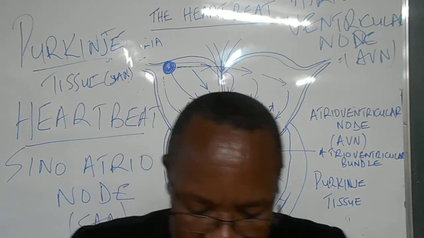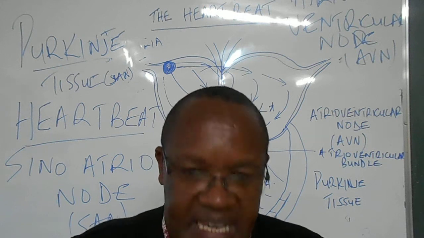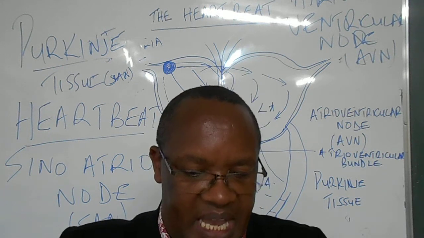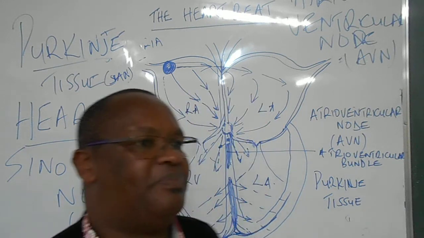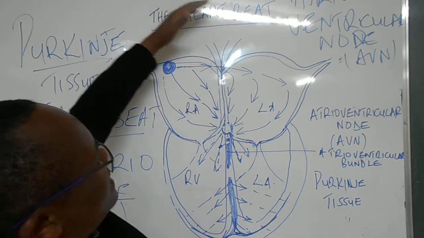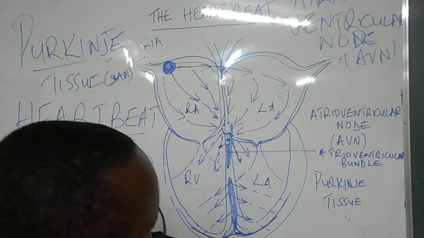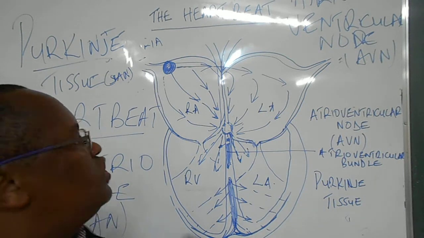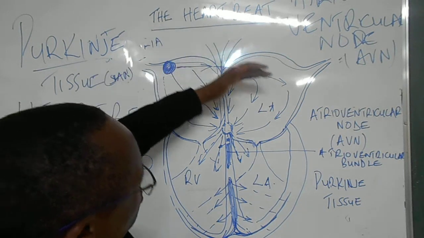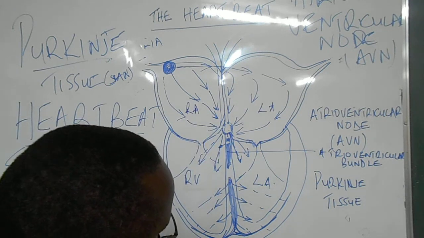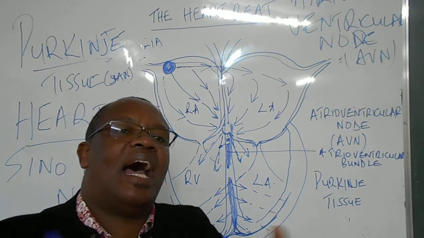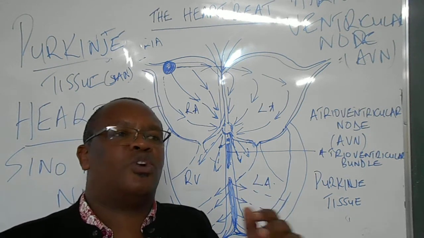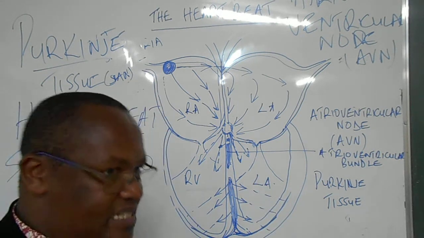And when the Purkinje tissue picks this wave of excitation, it spreads to all parts of the heart down there, and the contraction of the whole heart occurs. So it starts from up here, moving down until it reaches the lower part of the heart. And that's what constitutes a heartbeat.